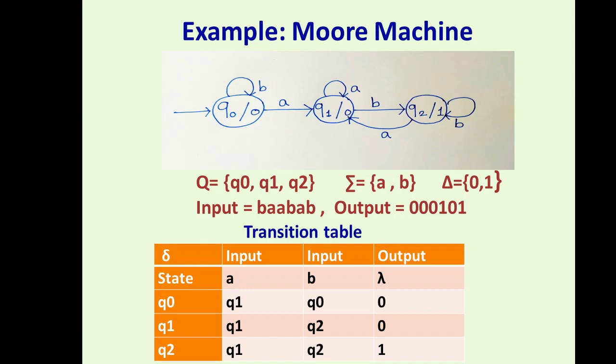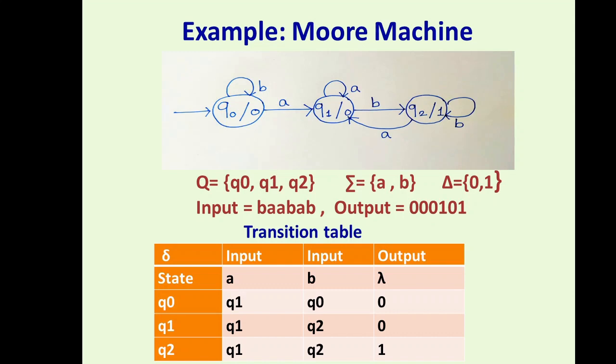So from Q1 on A, we are reaching Q1 itself and it is generating output 0. The next input is small b. Now we are in Q1. Q1 on B, we are reaching Q2 and it is generating output 1. Now we are in Q2 and the next symbol is A. So Q2 on A, we are reaching Q1 and it is generating output 0.